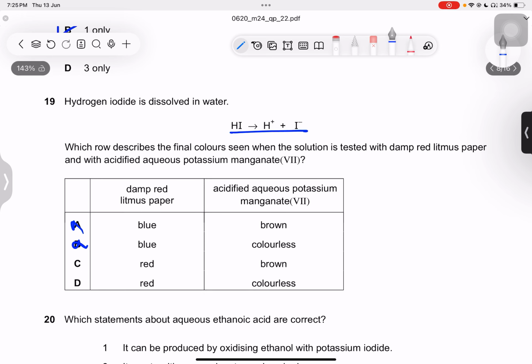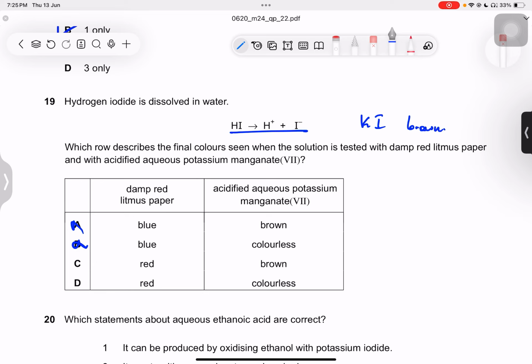As for the potassium manganate, it tests for reducing agent, or maybe we shouldn't go that way. We know potassium iodide tests for oxidizing agents. And when an oxidizing agent is present, the color changes to brown.